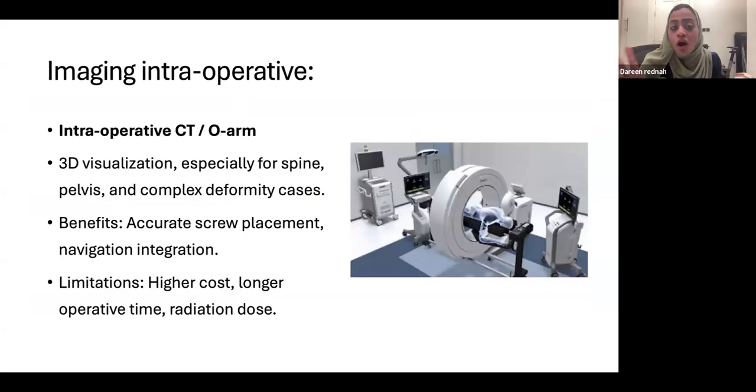Then we have the O-arm, an intraoperative CT with 3D visualization, used in spine, pelvis, and complex deformity cases. It gives us accurate screw placement and navigation integration, but with high cost, longer operative time, and a very high radiation dose.